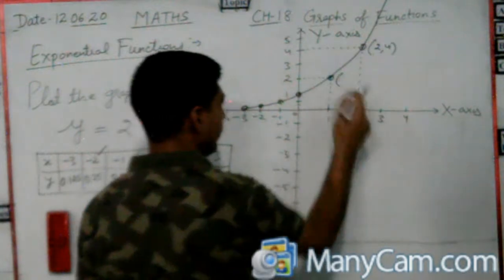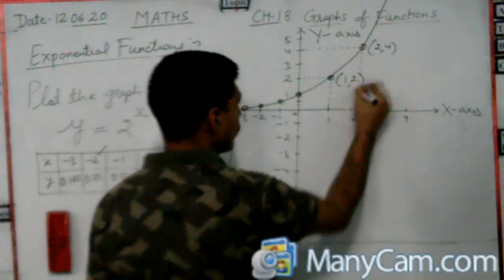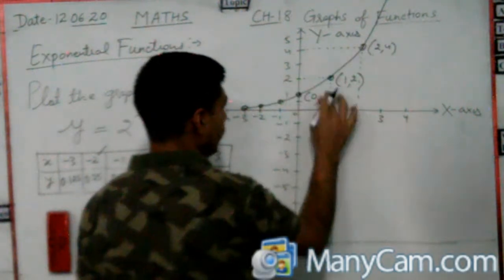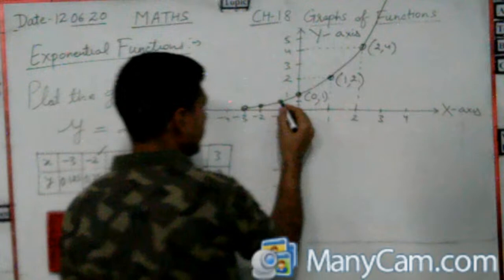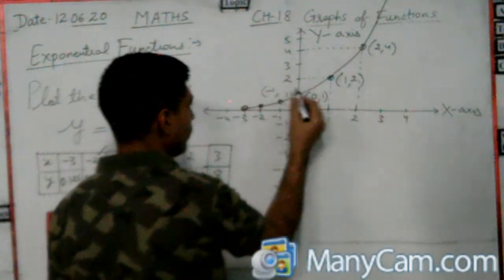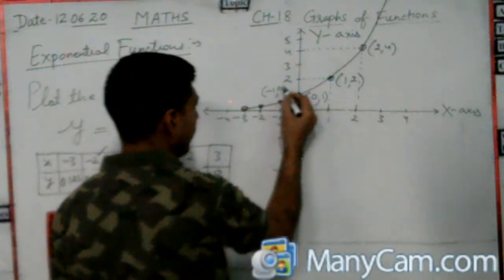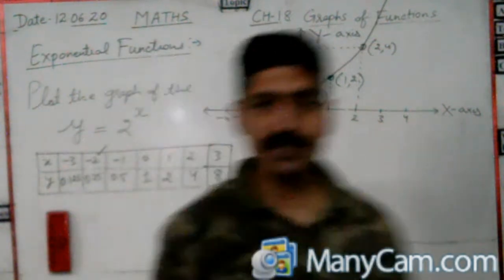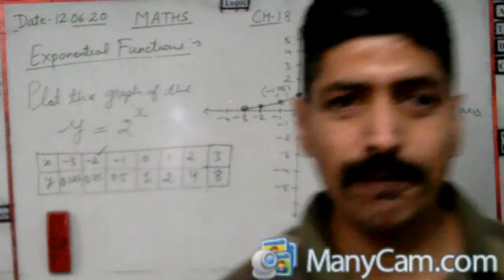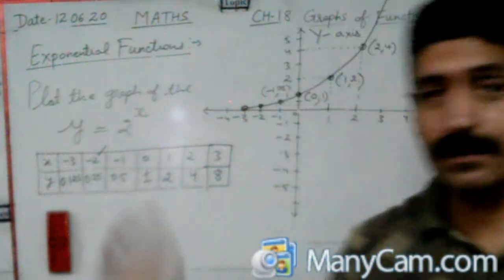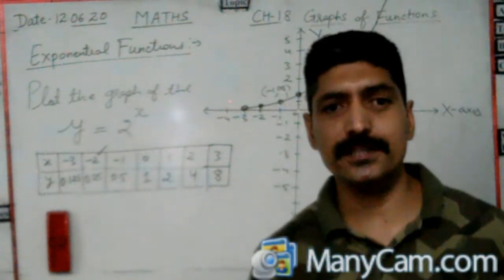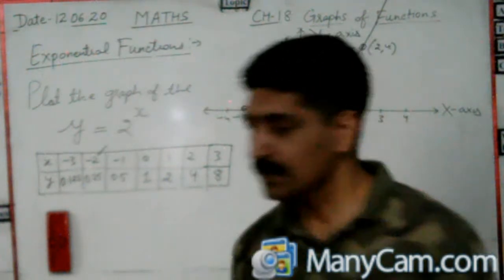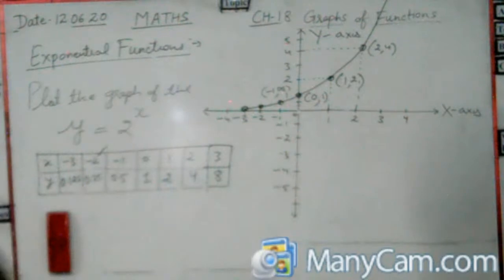This point here is 1, 2. This point here is x is 0 and y is 1. This point here is -1 and it is 0.5. So on, here 2 and 3. So this is the graph of this function, that is y is equal to 2 raised to power x.